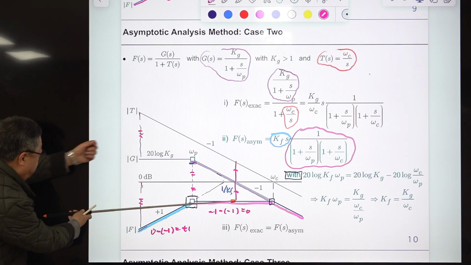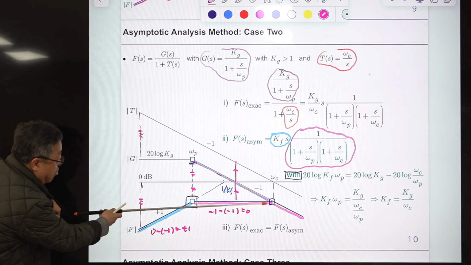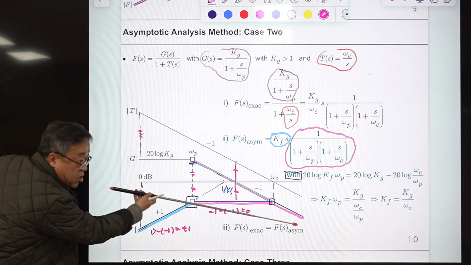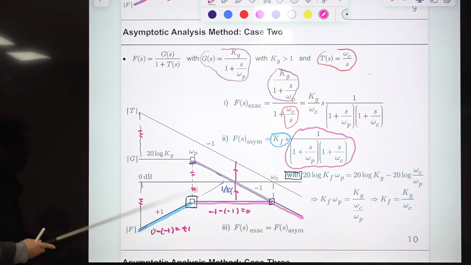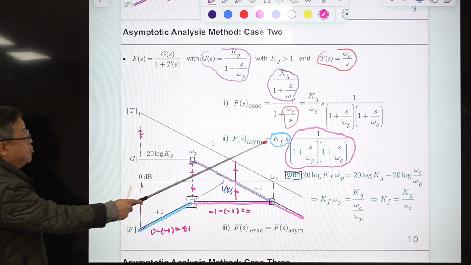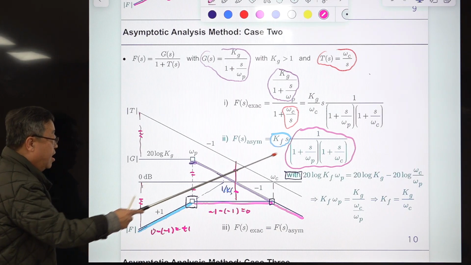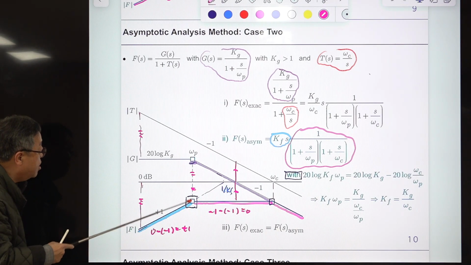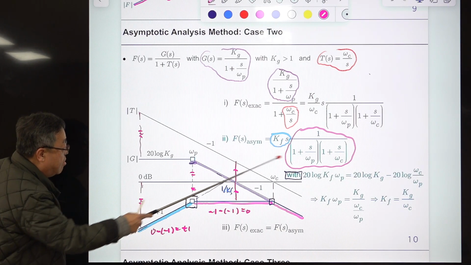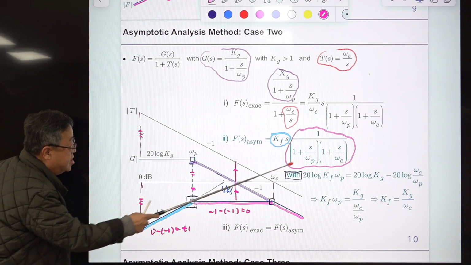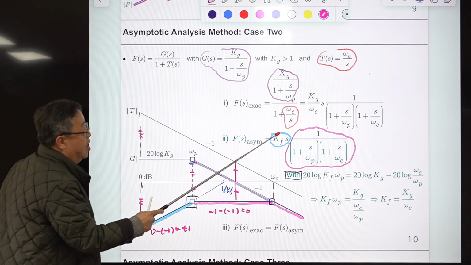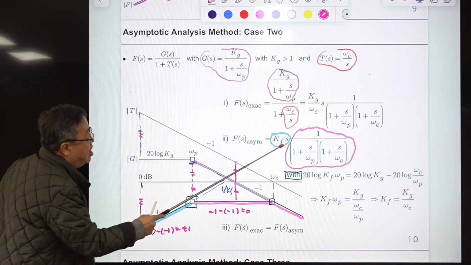So you have one pole here up to here, and you have another pole here. Assume this is KFS. Use the notation of KFS, and you have a pole here, this omega p coming here, and another pole at omega c. This is the expression, and you need to find out this KF.